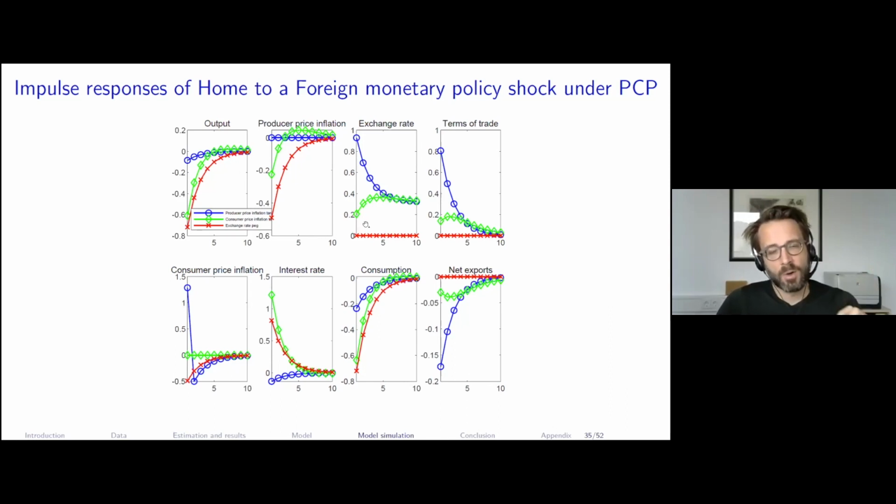But what is also important to emphasize here, this output collapse under CPI, the green line here, is because you have tighter policy and less of a depreciation. But let's look at net exports in the lower right panel. You see that net exports are now declining less. But you see, quantitatively, this is measured in percentage points of output, net exports are next to nothing.